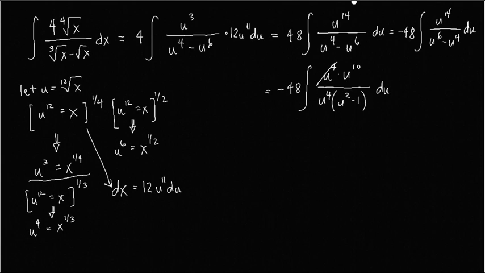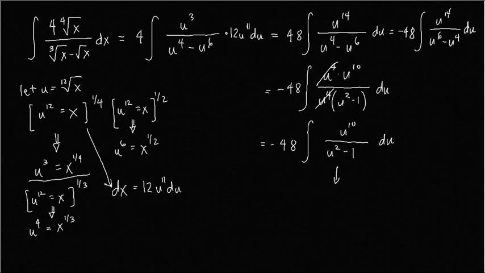Magka-cancel yung u raised to 4, leaving negative 48 times the integral of u raised to 10 divided by u squared minus 1 du. So this term, u raised to 10 divided by u squared minus 1, we need to simplify it by means of long division.